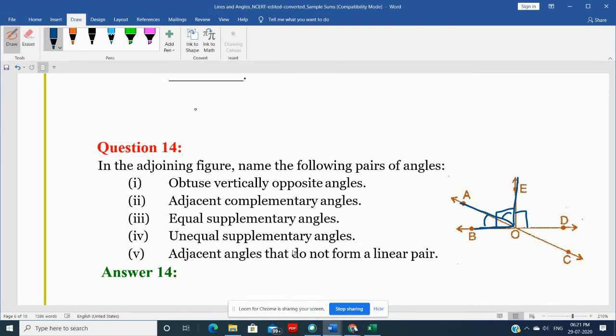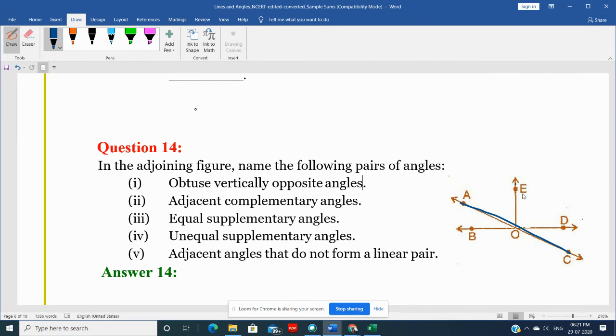Now unequal supplementary angles, right? The fourth one is unequal supplementary angles. Let's check once. Let me erase this first. Okay, supplementary means linear pair. So let's try to find an angle pair which is making a linear pair, meaning they have to be on the same line like this.